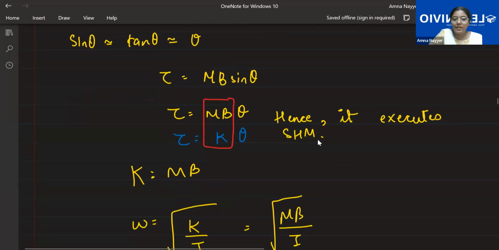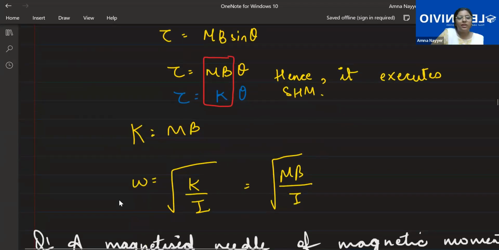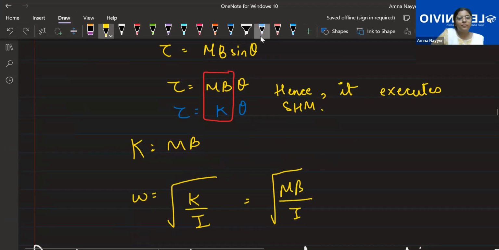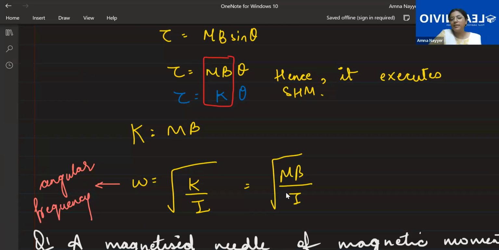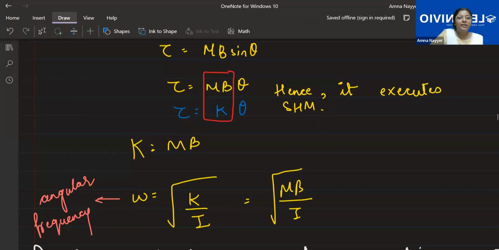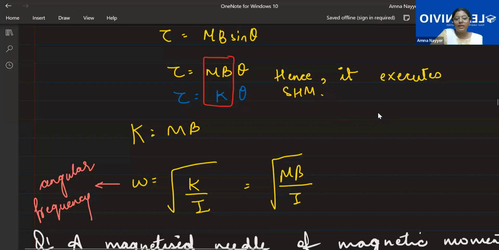Now K is MB. Now the formula for the angular frequency: omega is under root K by I, so that becomes under root MB by I. From here, you can write down the frequency. Omega is equal to 2 pi nu.